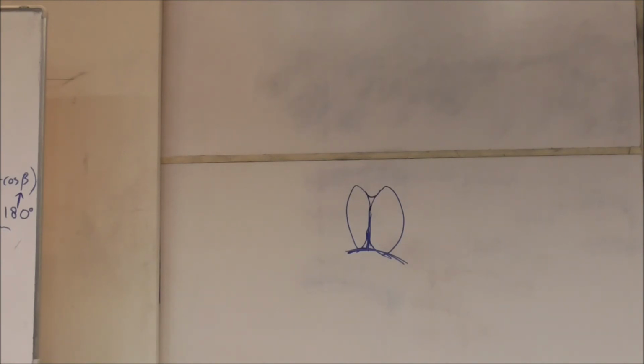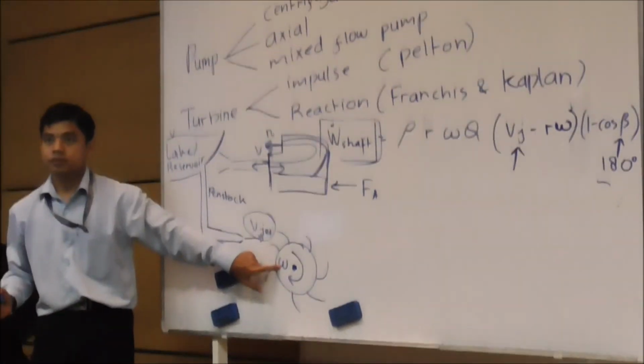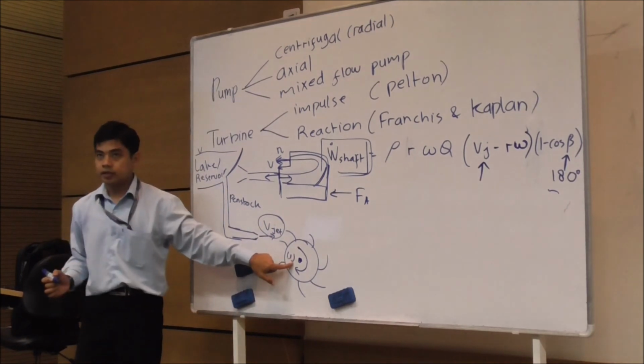This turbine is rotating at the speed of omega. So the omega you find there is the rotation of the turbine.